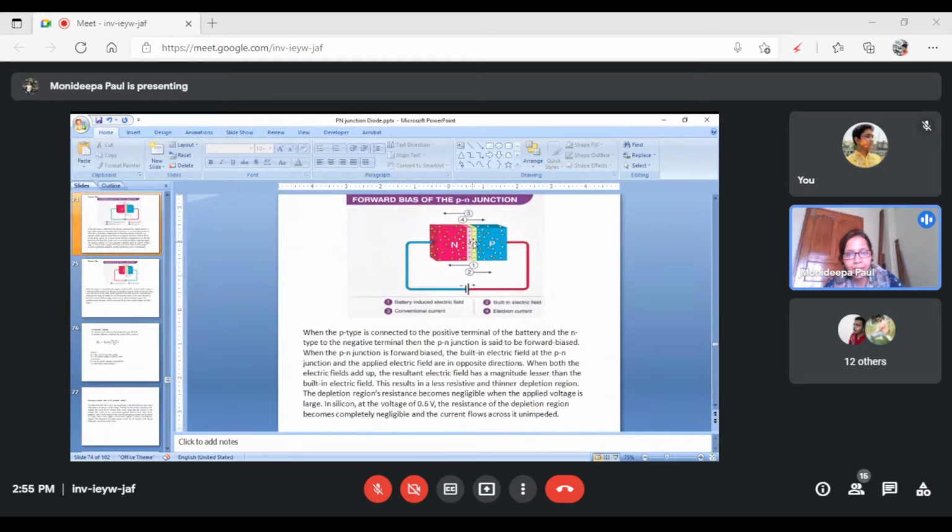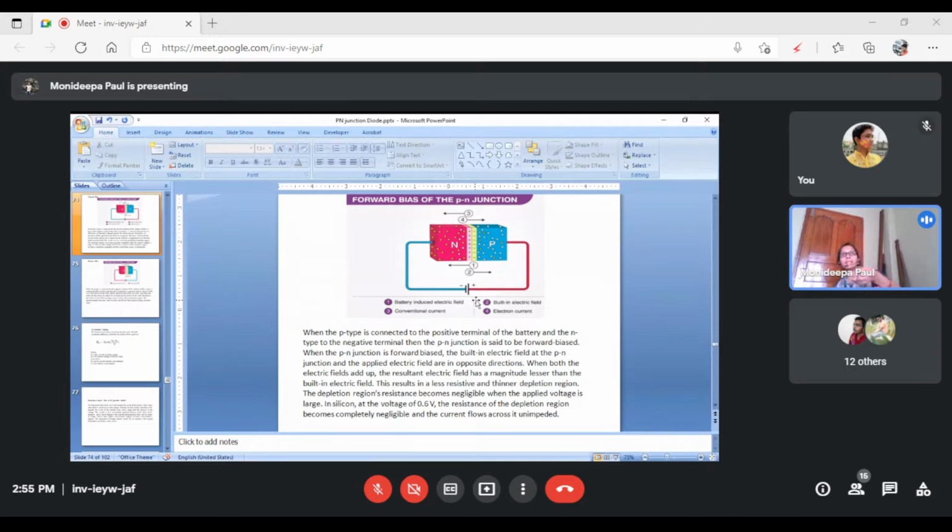You apply this, that means the potential barrier has a positive terminal and a negative terminal. The negative terminal of the potential barrier is connected to the positive terminal of the supply side.